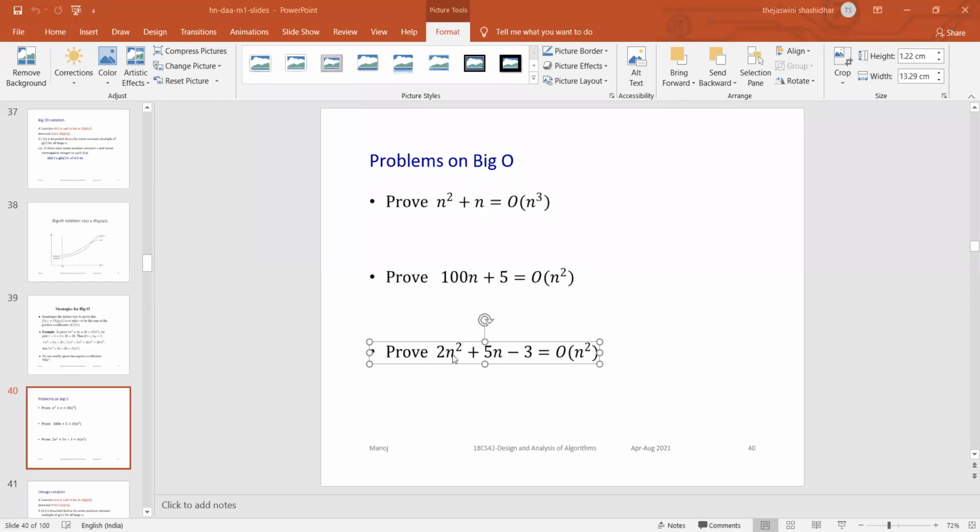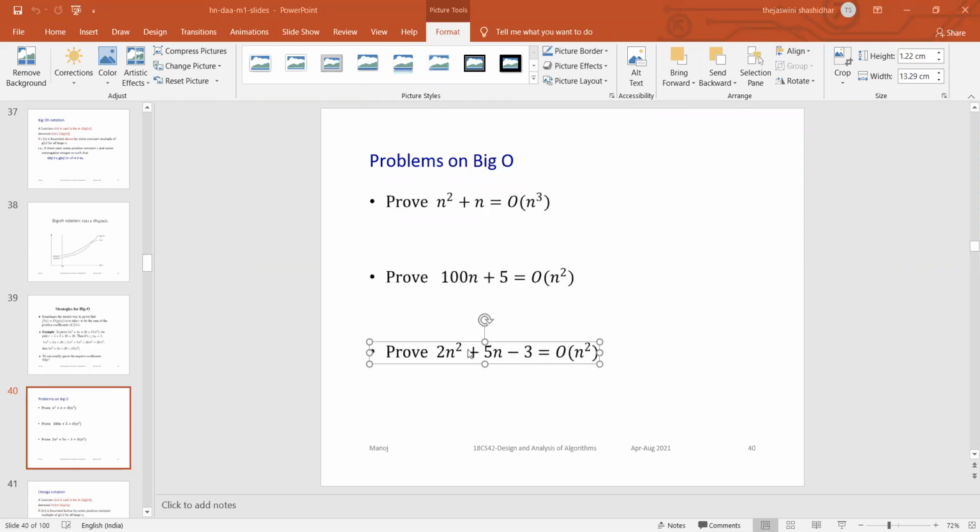Okay. Priya B, you have written something correct, but the thing is, you are already having 2n square. 2n square plus 5n minus 3 is equal to big O of.